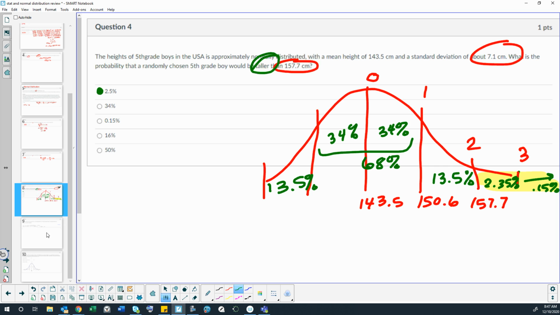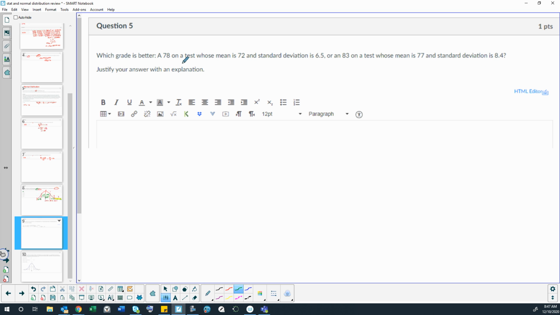All right, some more. Which grade is better, a 78 on a test whose mean is 72 and a standard deviation of 6.5, or an 83 on a test whose mean is 77 and standard deviation is 8.4?